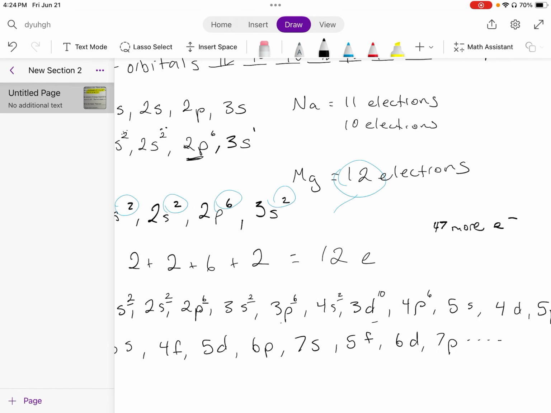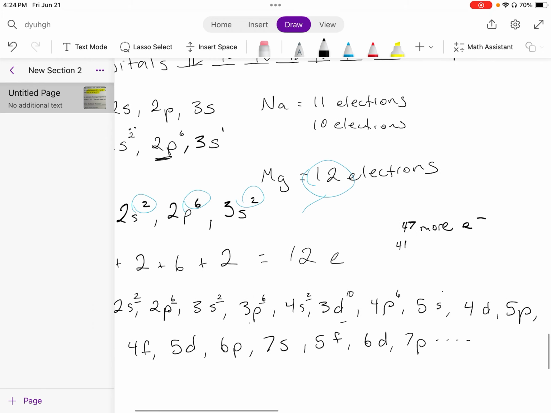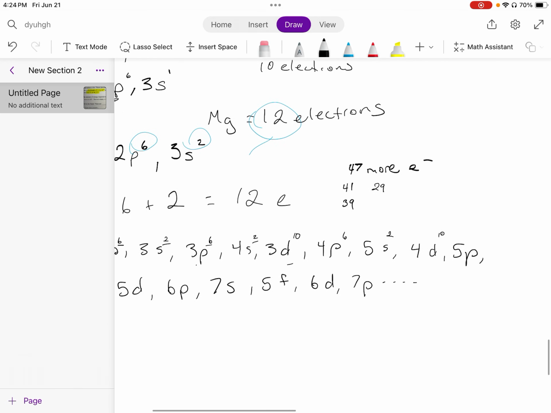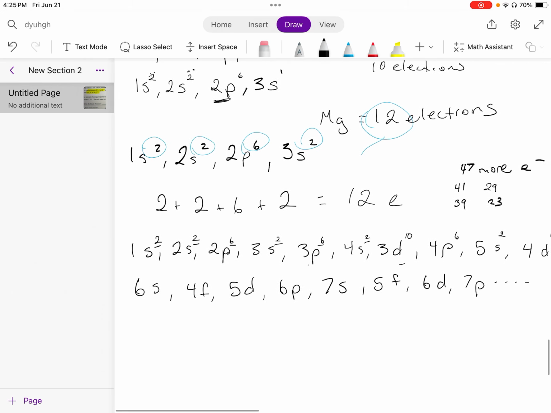Okay. 6, because that's full. So now we only have 41 more electrons. S orbital, 2. We have 39 left. D orbital again, 10. So now we have 29. Jeez. P, they hold 6. So now we're at 23. S orbitals hold 2. So now we're at 21.